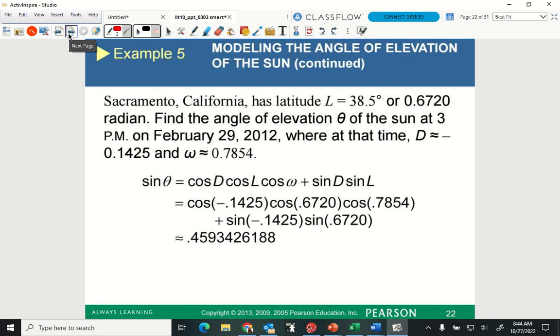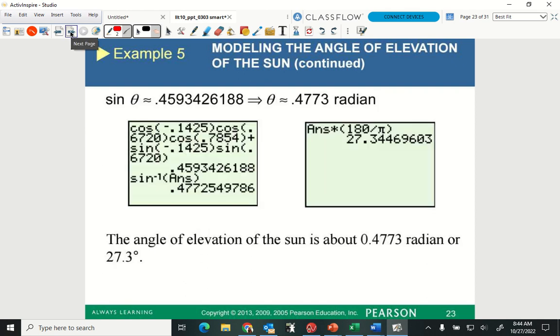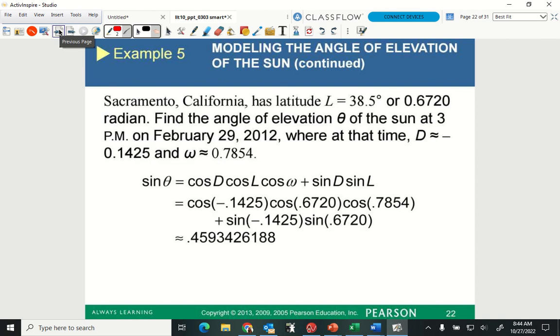There's W. There's D. There is latitude, or we're going to use radians. We're finding the angle of elevation.